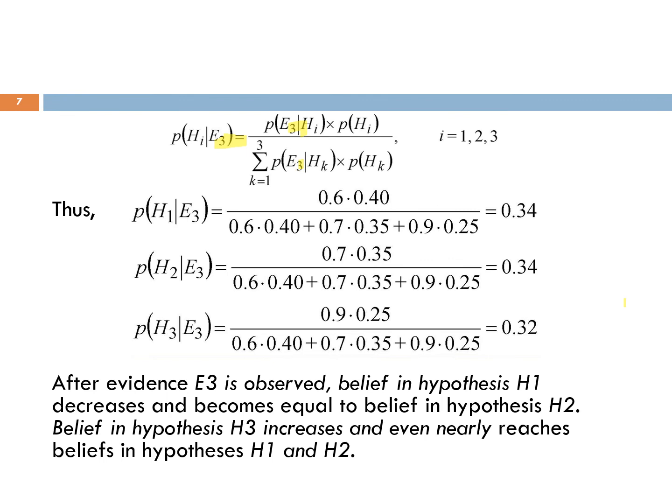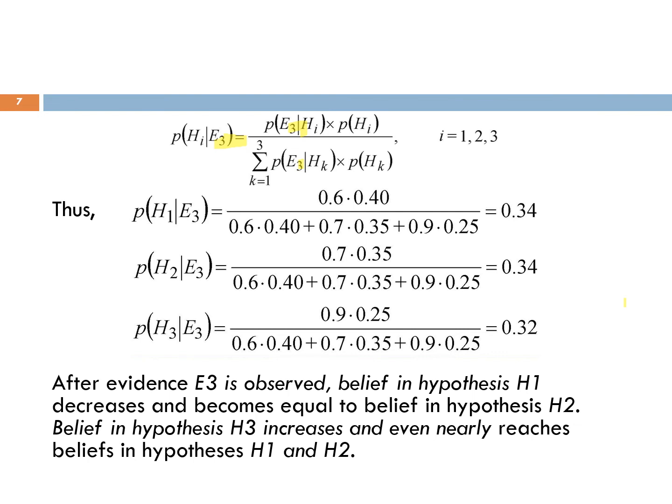After evidence E3 is observed, the belief in hypothesis 1 is decreased, 0.34 down from 0.4, and becomes equal to the belief in hypothesis 2, which is 0.35, about equal.